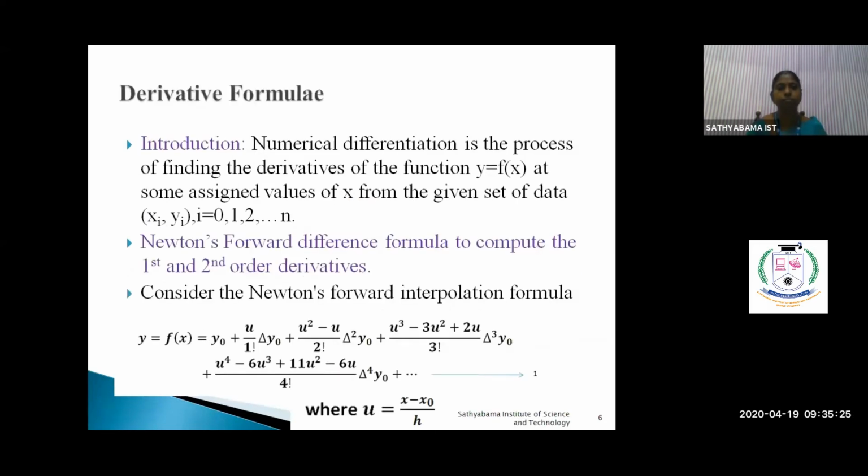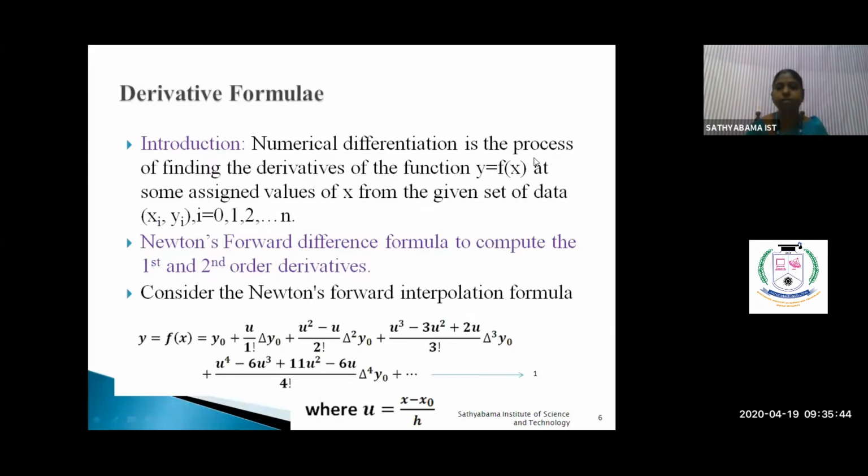Today we are going to see derivatives. How are we going to find the first order and second order derivatives of the given y equal to f of x? When can we use numerical differentiation?